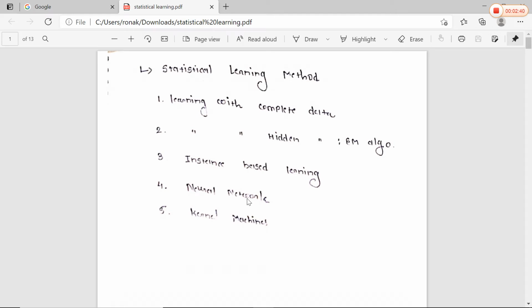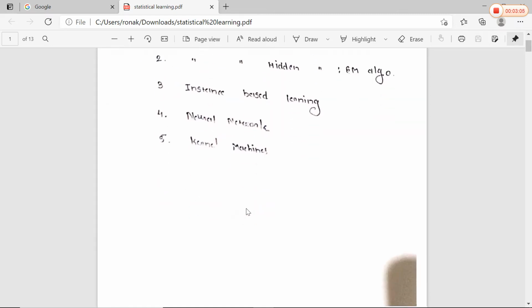Neural networks: we have already discussed artificial neural nets, back propagation, perceptron, as well as Hopfield network and recurrent network. We have already discussed them briefly in neural nets. And the last one is the kernel machine. These are all statistical learning methods for the uncertain domain or uncertain reasoning.